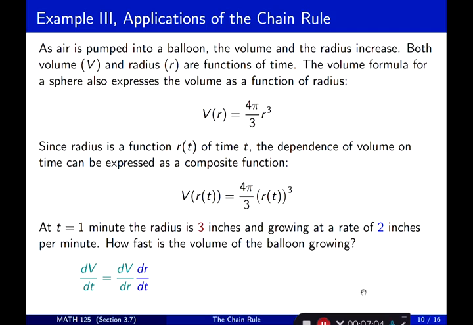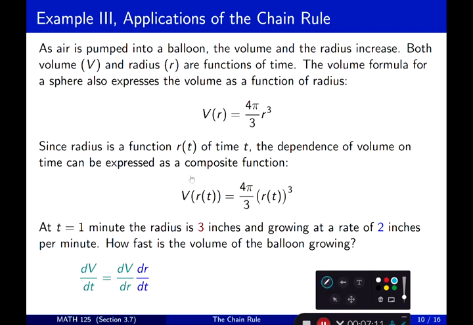So again, you may be tempted to use the chain rule on the function V of R, and that would give you dV/dt equals dV/dr times dr/dt, right?